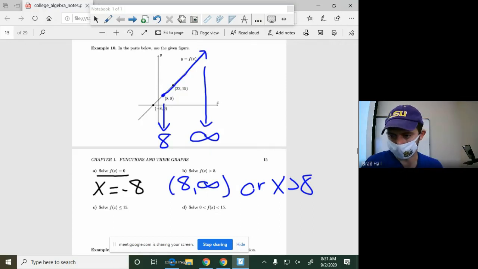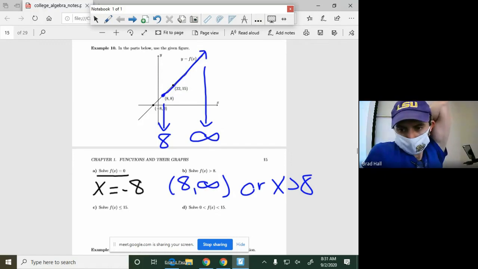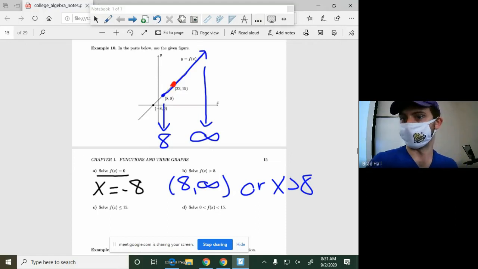All right, so part C. Part C wants us to determine when the function is less than or equal to 15. When is the function equal to 15? Right there in red. Now we need to see when the function's less than that, which means we go below.